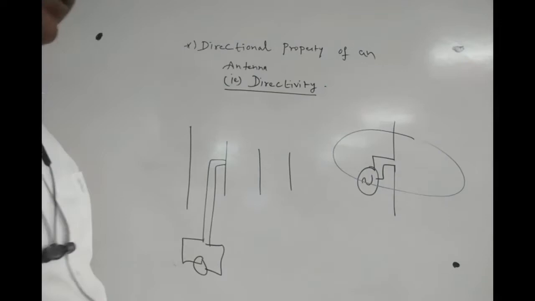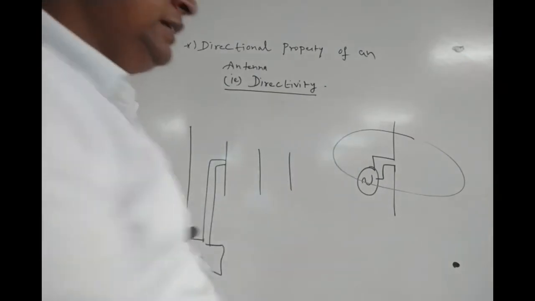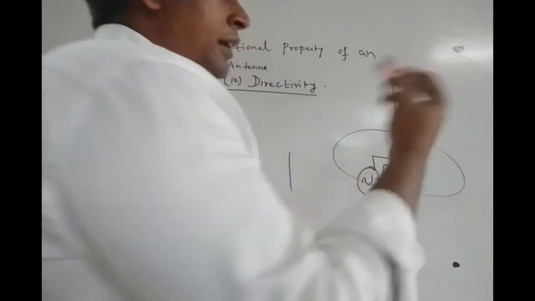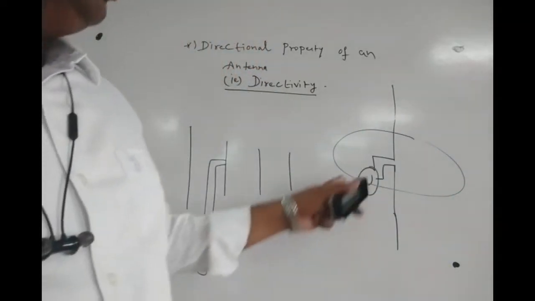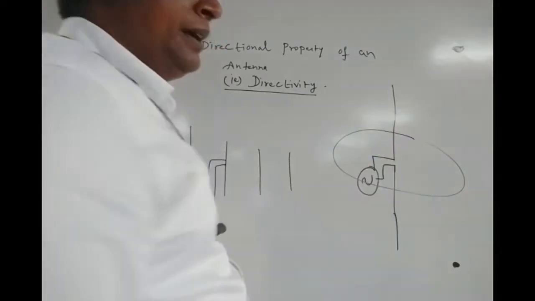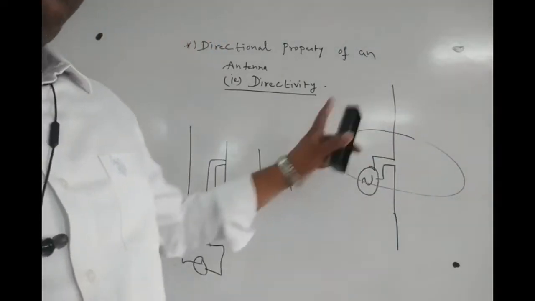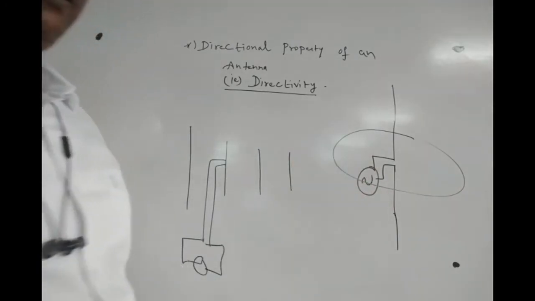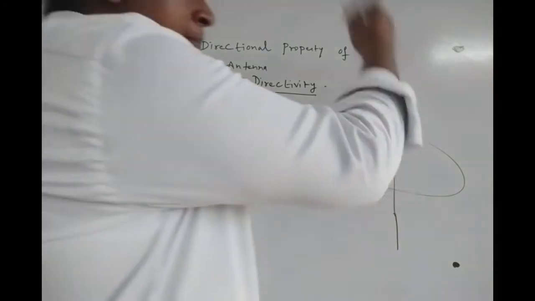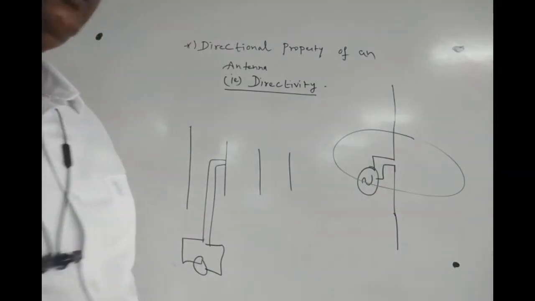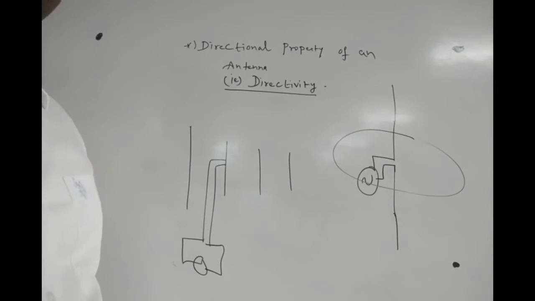One way of improving the directivity is by increasing the length, but you cannot extend the length beyond a limit. I hope you have studied all these things in your antennas and wave propagation. When you start increasing the length beyond lambda or 2 lambda, then the backlobe radiation increases. That is an unwanted thing.